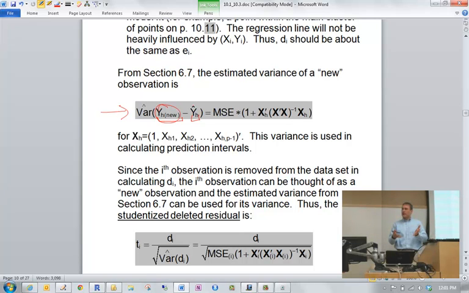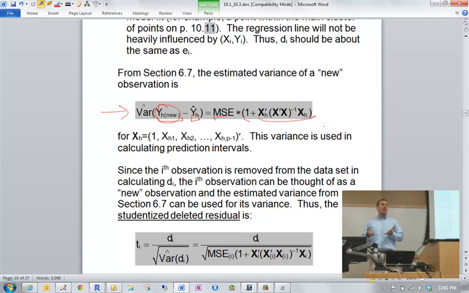For that difference, we found what the estimated variance would be. It was MSE times 1 plus a vector of your x values corresponding to this new observation, transposed, times (X prime X) inverse, then times that vector of x values again. We learned this back in Chapter 6.